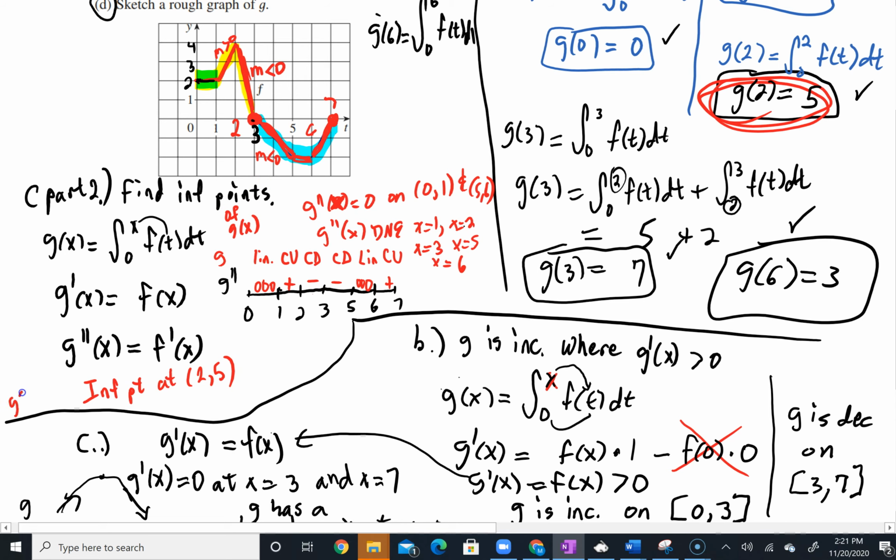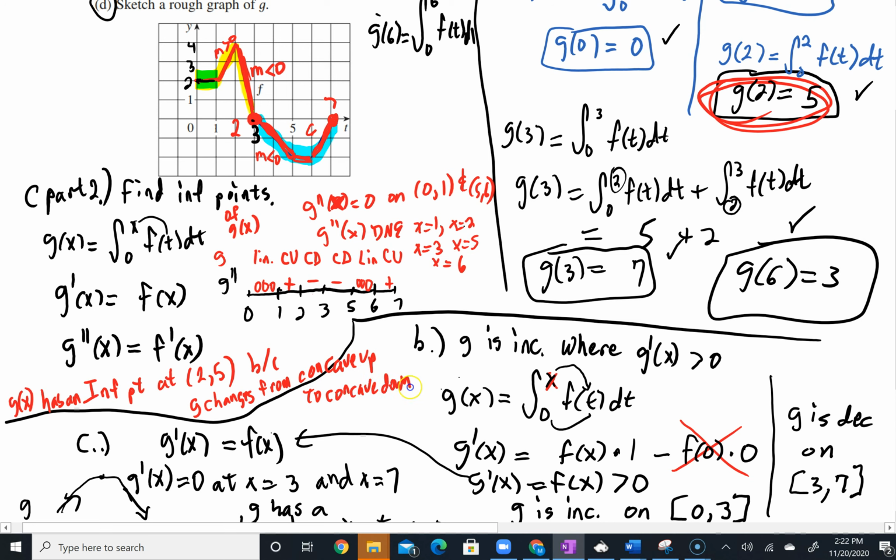So G of x has an inflection point at (2, 5) because G changes from concave up to concave down. Nowhere else.